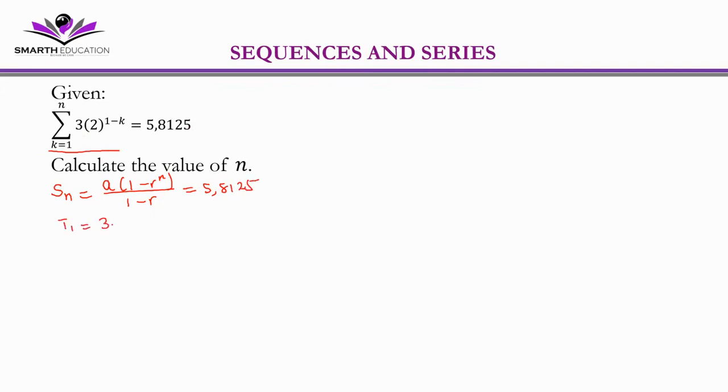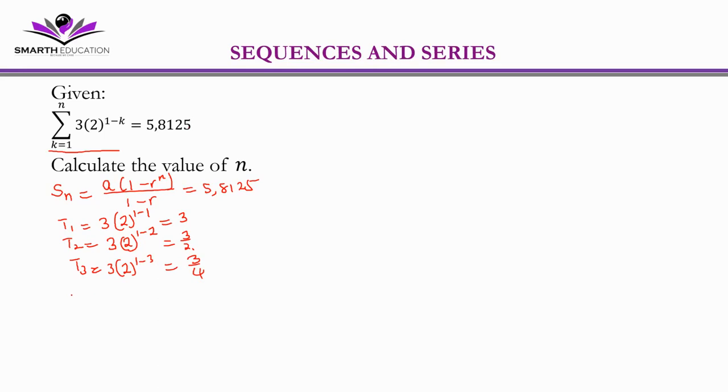Let's find the first term. T1 is equal to 3 times 2 to the power 1 minus 1, which is equal to 3. T2 is equal to 3 times 2 to the power 1 minus 2, which is 3 over 2. Then term 3 is 3 times 2 to the power 1 minus 3, which is 3 over 4.